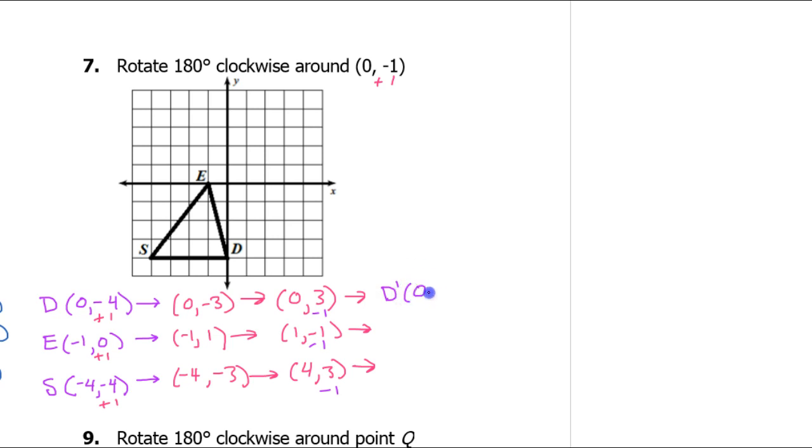And I'm getting (0, 2), and then E prime is going to be (1, -2), and S prime is going to be (4, 2). Okay, so here's what the image would look like after a rotation around this point (0, -1), 180 degrees.